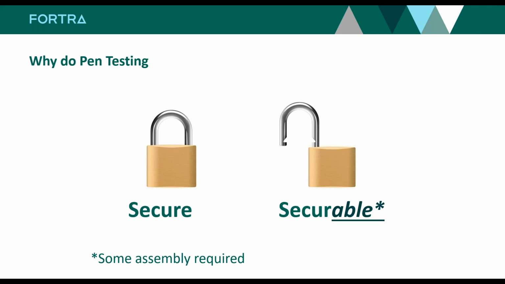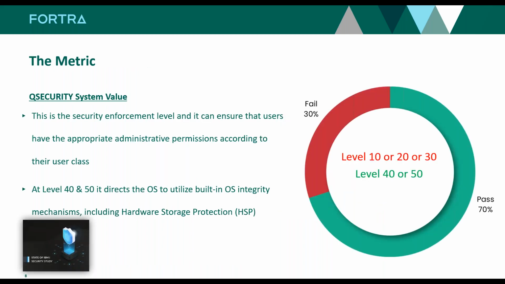And when I talk about defaults, during our IBM i security study, the respondents came back and there were still 30% of the respondents that were running at a security level of less than 40 or 50. Level 20 and 30 are built with many, I would say, disadvantages to security.